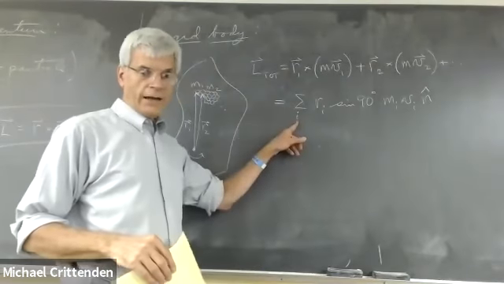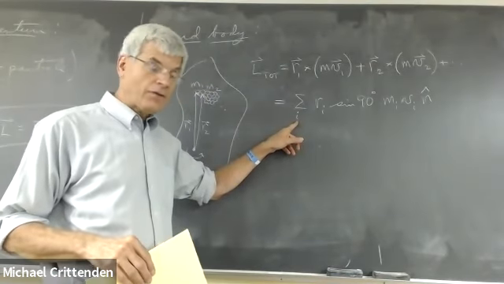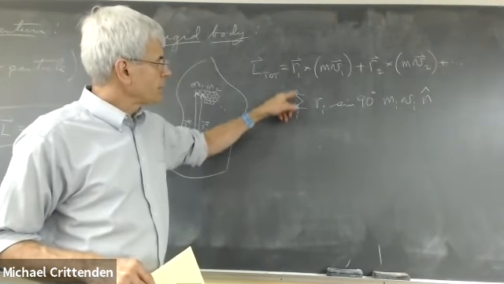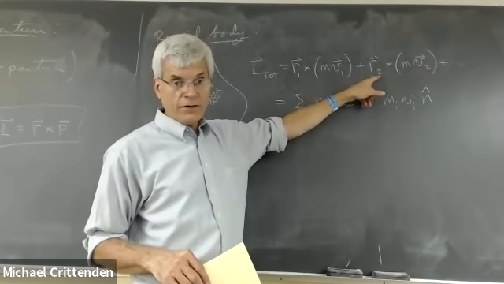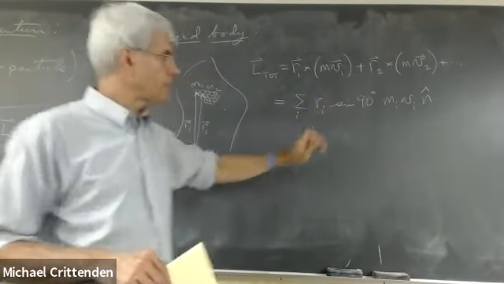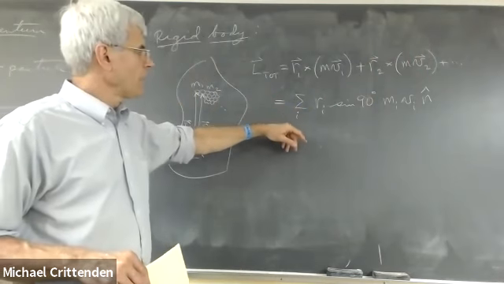The lowercase i is the index of the summation. i equals 1 in the first term, i equals 2 in the second term, and so on. Okay, that's all that is.